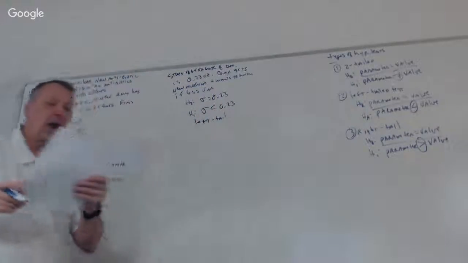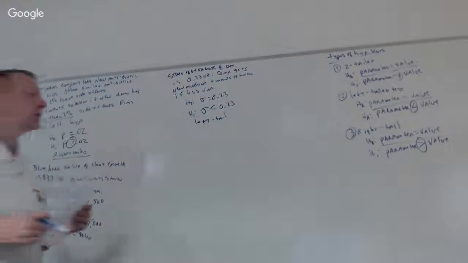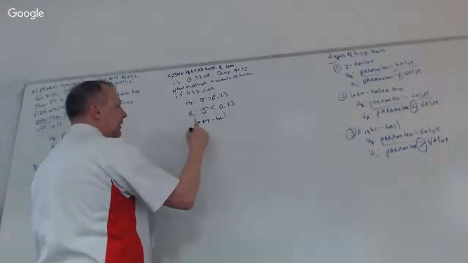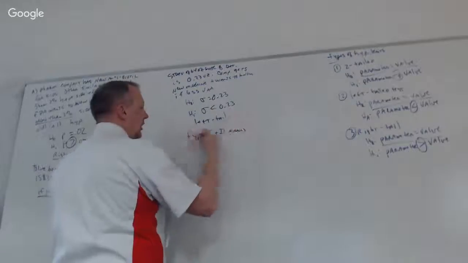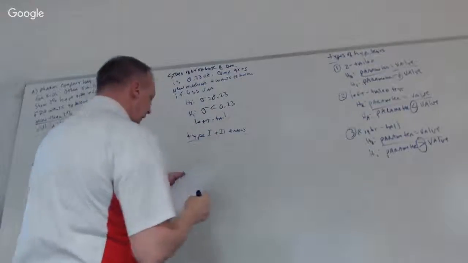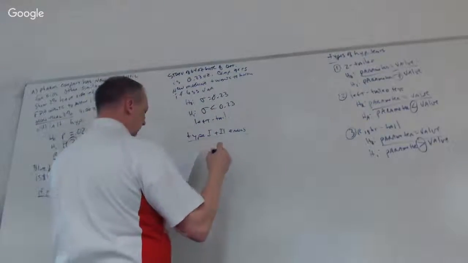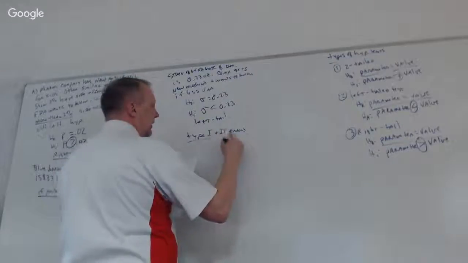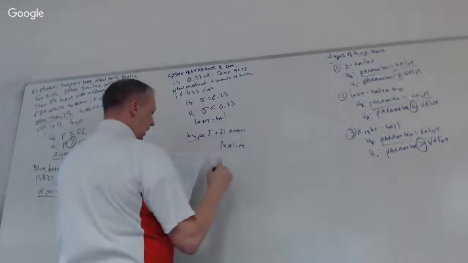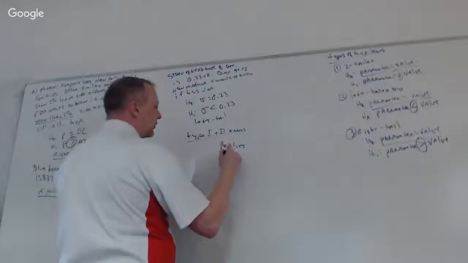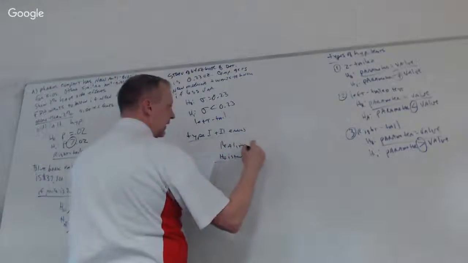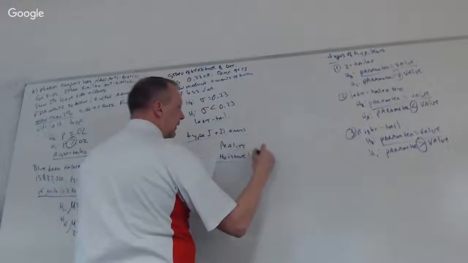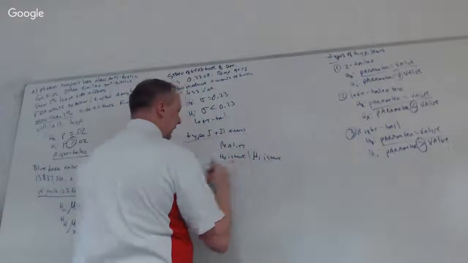All right. Finally, the last thing I want to talk about is type 1 and 2 errors. Now, let's talk about reality. And we're going to say that the null is true versus the alternative is true.